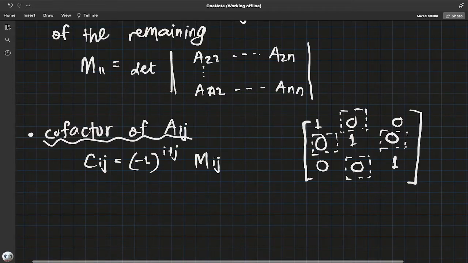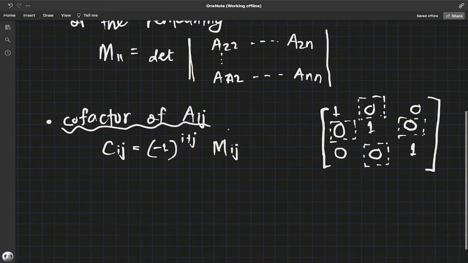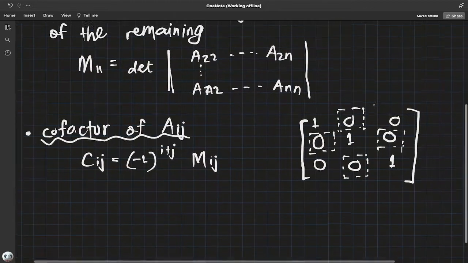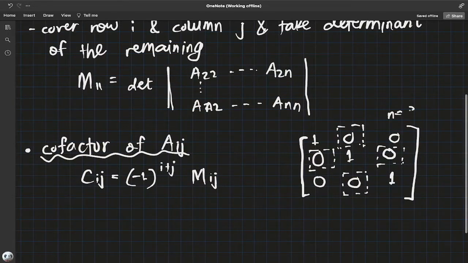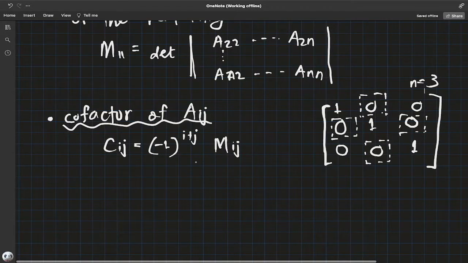So they form this sort of diamond, this quadrilateral, and that's just for n equals 3, a three-dimensional square matrix.